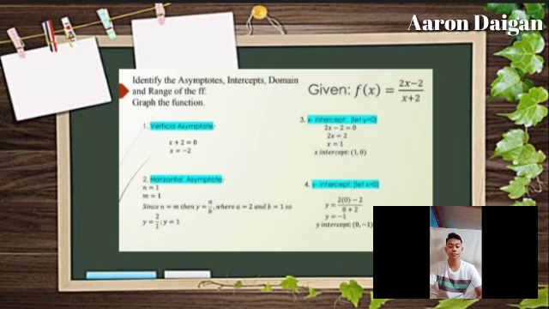Like this. So the numerator is 2x minus 2. It will become 2x minus 2 equals 0.